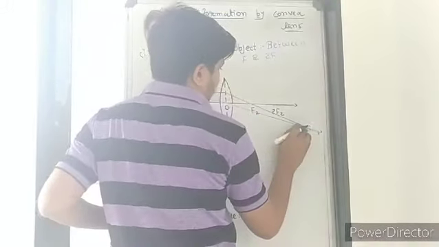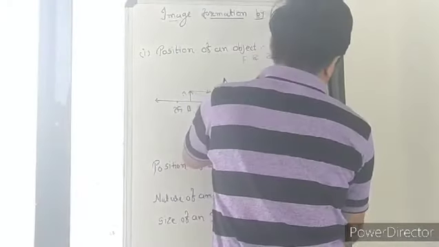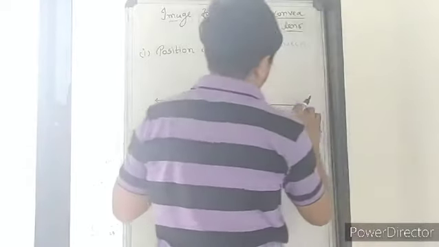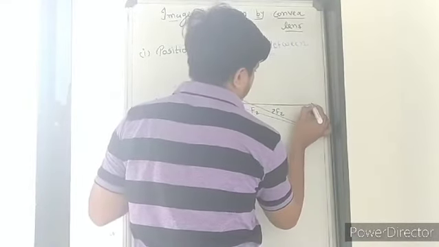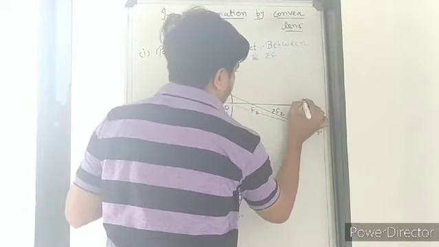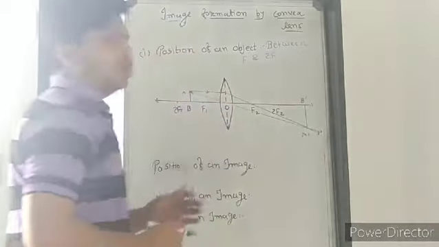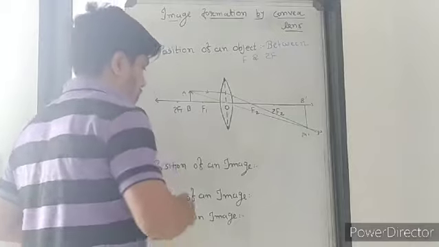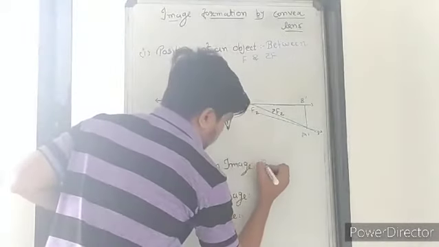So these rays are emitted here. So you can form an image like that. Just explain your principal axis and you get A dash, B dash. So your image is beyond 2F.